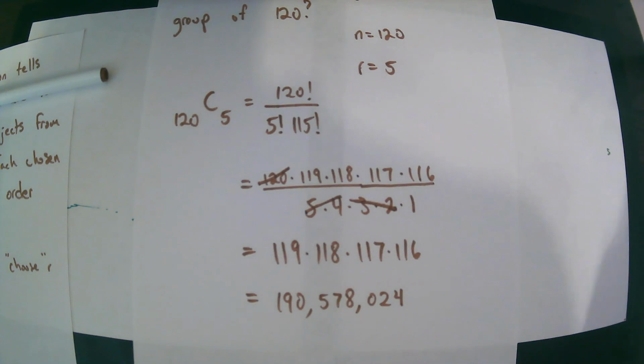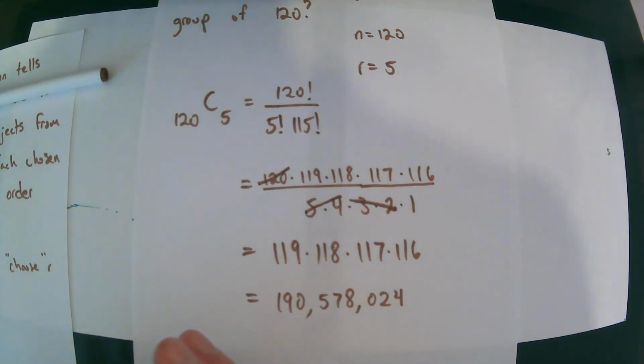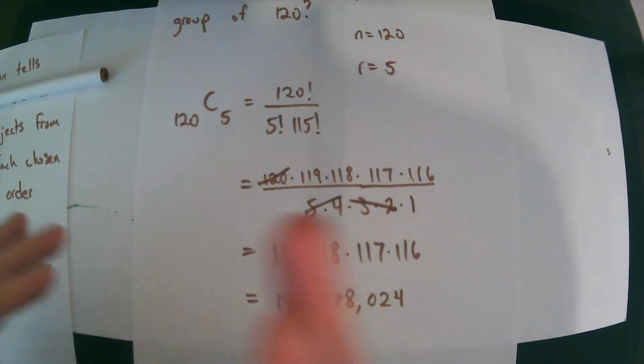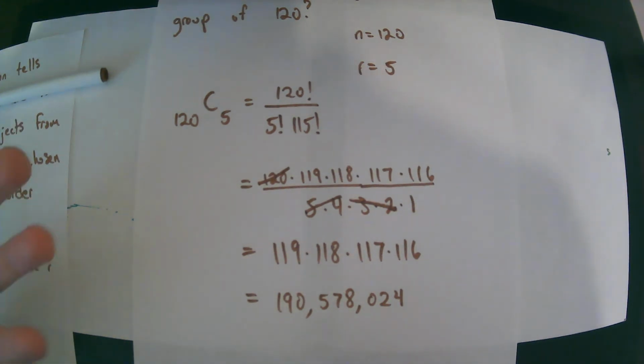And let's just make this hypothetical super easy to understand. Let's say that there are 60 men and 60 women, so split right down the middle. And so we want the committee to be representative of that. So we either want 2 men, 3 women, or 3 men and 2 women, just to have a good representation, right?